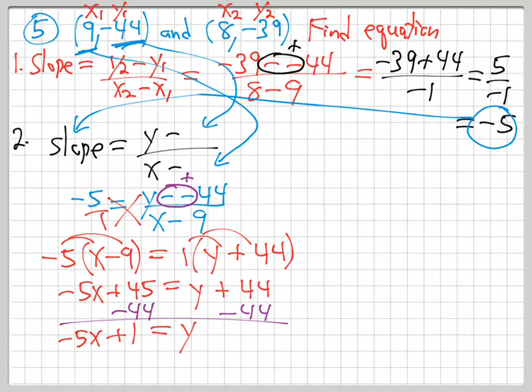So y is minus 5x plus 1, which is not there, is it? It's E, none of these, which is always a little disturbing, but here we go. Sometimes the answer is E. There'll be a few E's, not a lot, but a few.